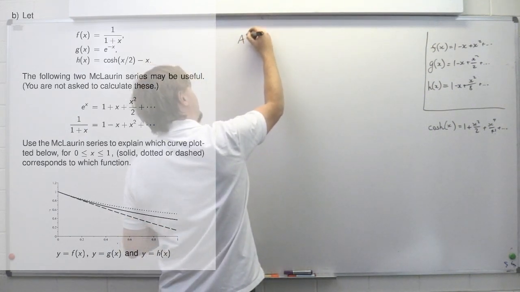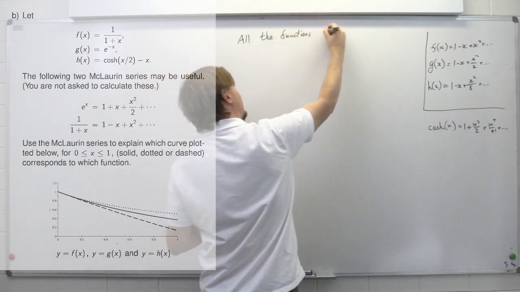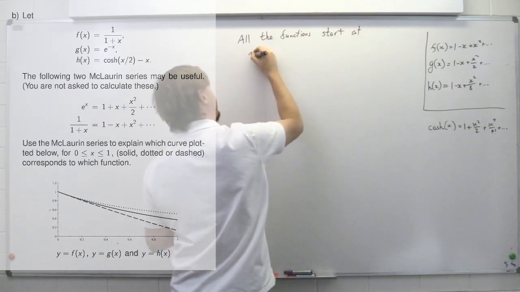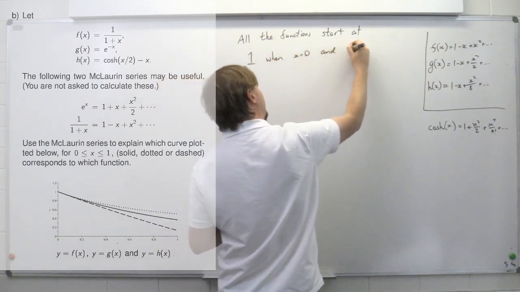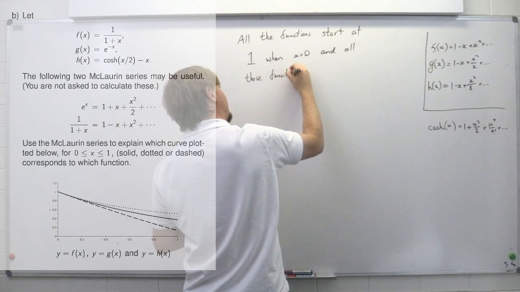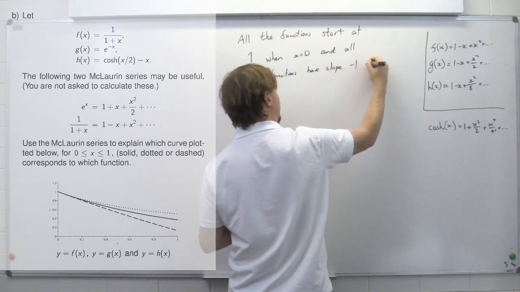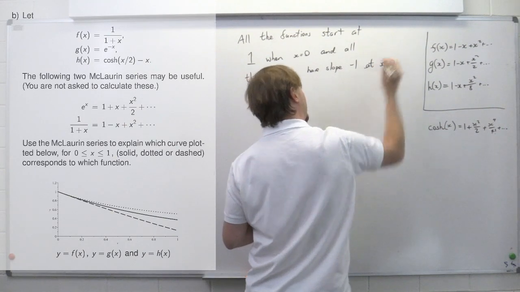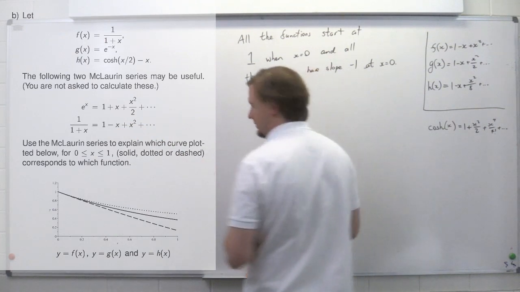So all these functions start at 1 when x equals 0, and all these functions have slope minus 1 at x equals 0. So if you're looking at this plot, you can see they all start coming out the same way. I can't really tell the difference between them.